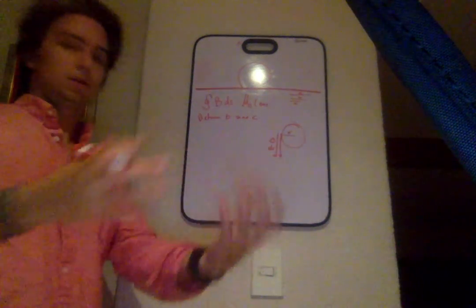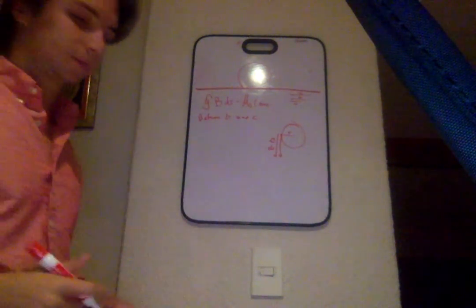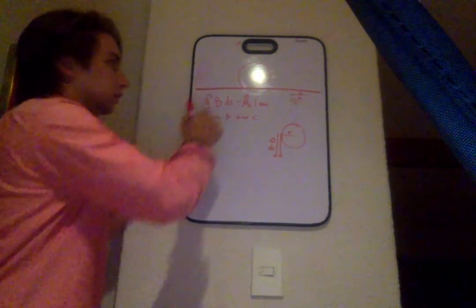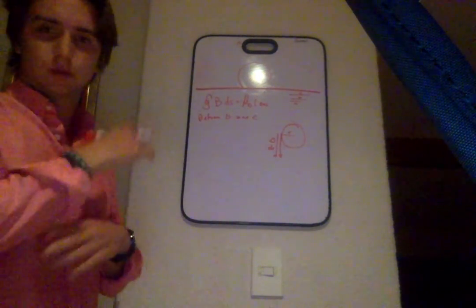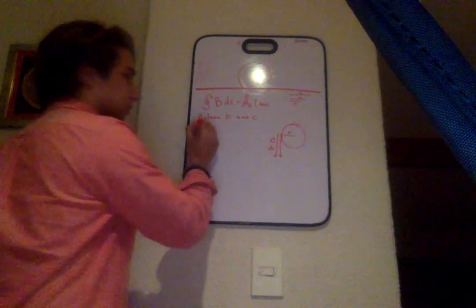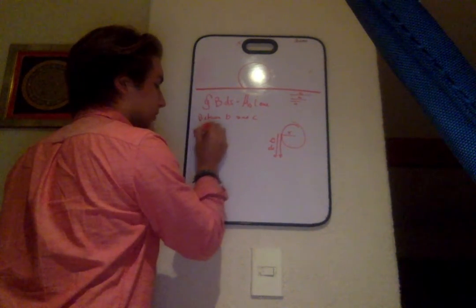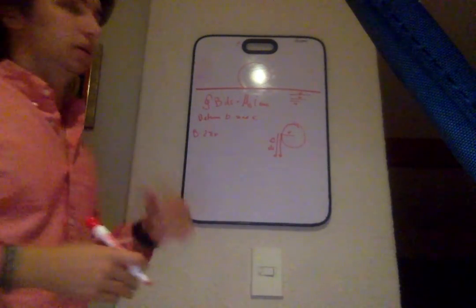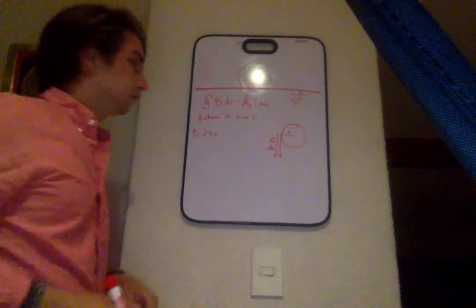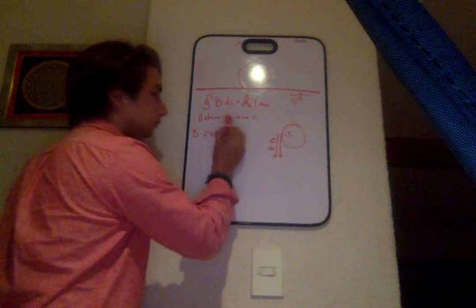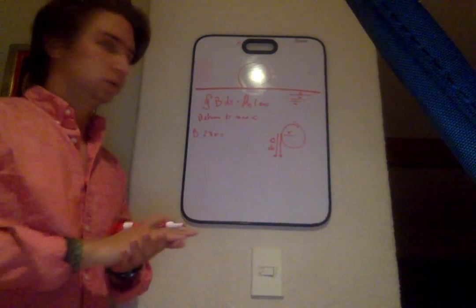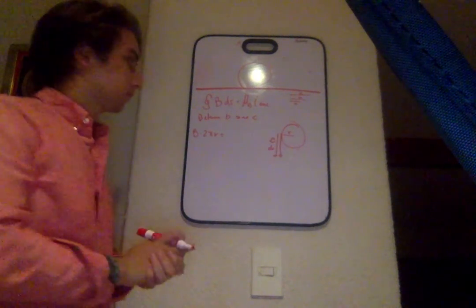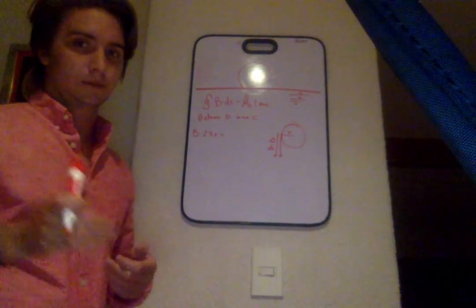So at some point of the shell, in the left side we keep the same context. We have B times 2 pi r, considering that r is between b and c. And now what changes is the current density.